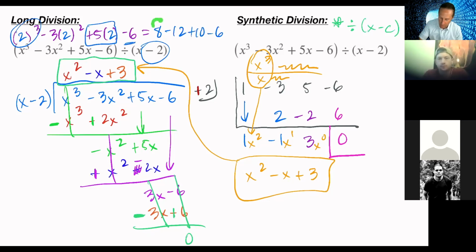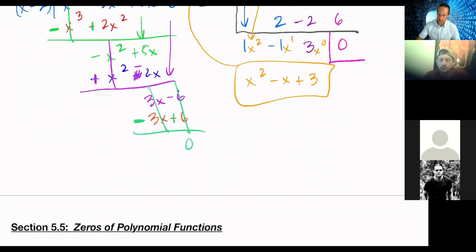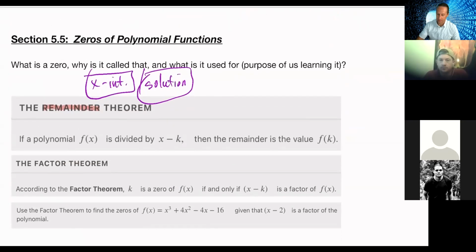And notice if I grab the positives, that's 18. And if I grab the negatives, that's also 18, which gives us what? Remainder is 0. And if we have a remainder of 0, then we know it is a factor of our original thing. That's what the remainder theorem is saying.